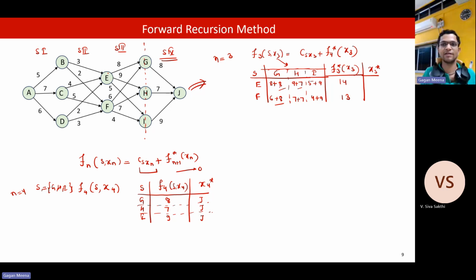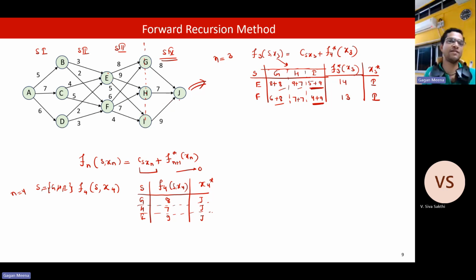Right? So here, which one is causing the minimum? This I, this I. If you move from E to J, then moving from E to I and J is economical.